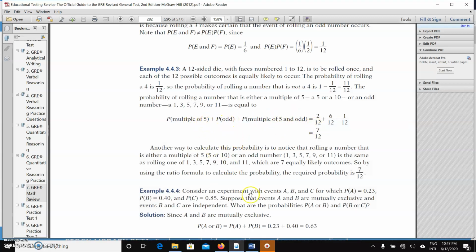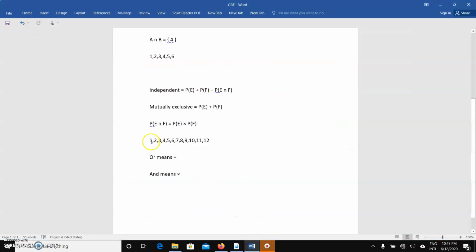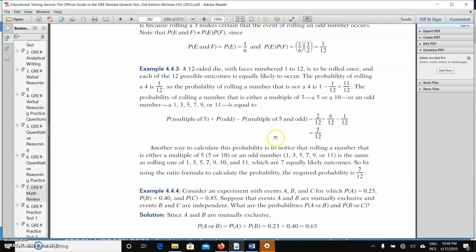Now, the probability of an odd number, let's go back. Odd numbers are 1, 2, 3, 4, 5, 6, that was 6 over 12. Then plus, I told you or means addition, that's why they're putting addition. Plus, now, the probability of having a multiple of 5 or 10 in the number.